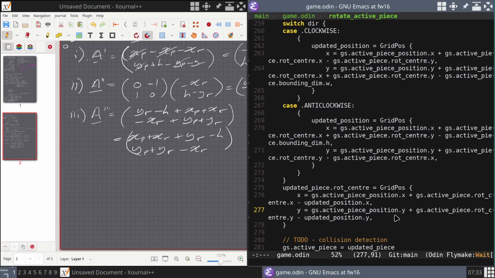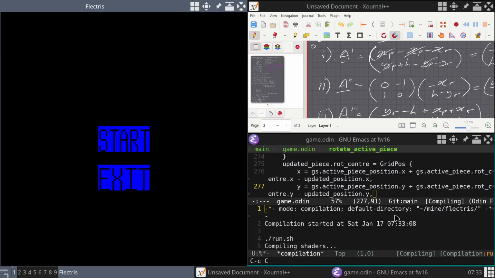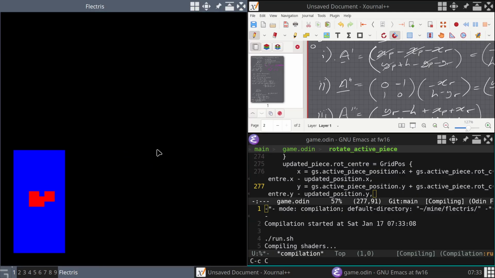There's one thing to say. We expect these two to be kind of inverses of each other, right? So if I do one then the other, we're currently in a good state. If I go bang bang, we're back in a good state. If I do this, we're in a bad state. If I go bang bang, we're in the same bad state. If I do 1, 2, 3, 4, I'm in the same bad state. Sorry, it's not clear. I'm hitting left, and it's not moving me left any further.